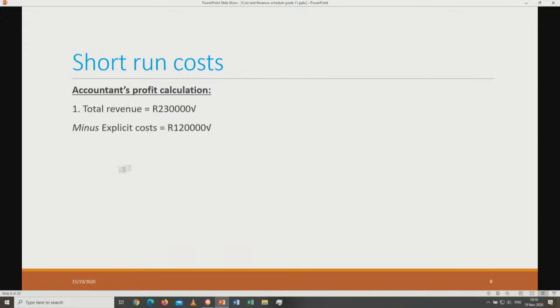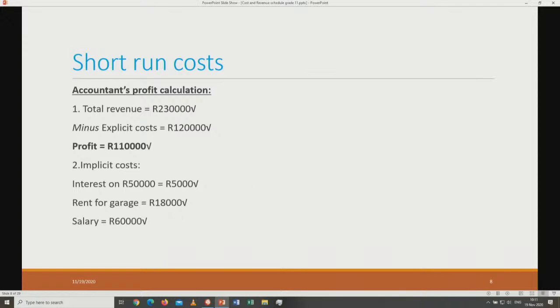So this is how we calculate implicit costs. We look at all the opportunity costs. Like this one, for instance. This is the 50,000 that Peter put as a startup in his business. That is his capital. He could have saved that and earned an amount of 5,000 in a savings account. So we take that one, and then we look at the second one. This is his garage, because he's operating his business in his garage. He could have rented out his garage and earned an amount of 18,000. That's the opportunity cost of the garage.